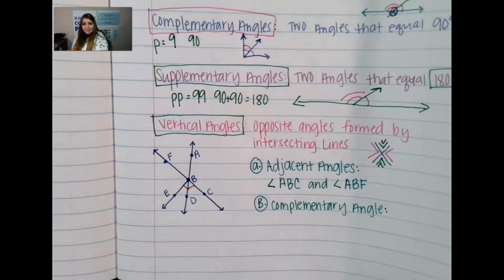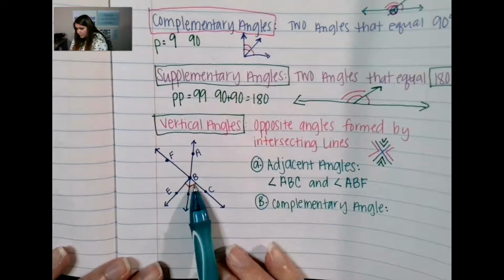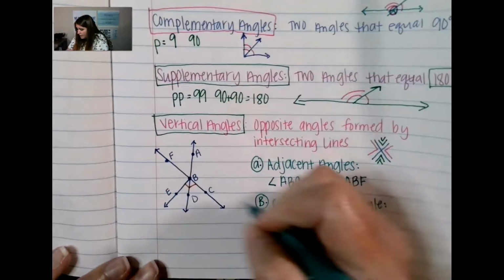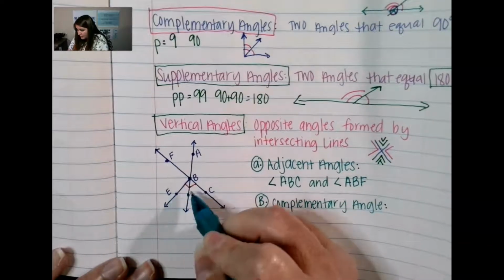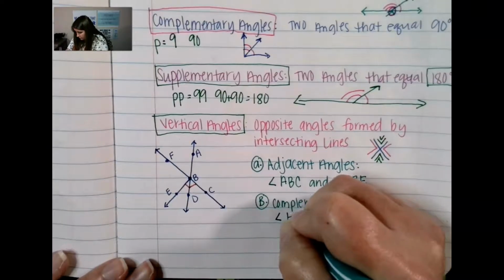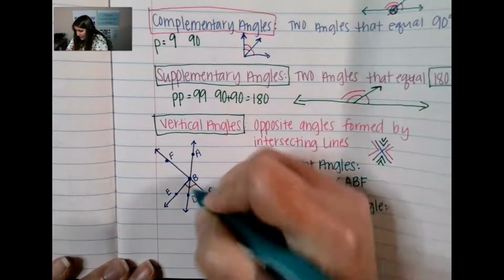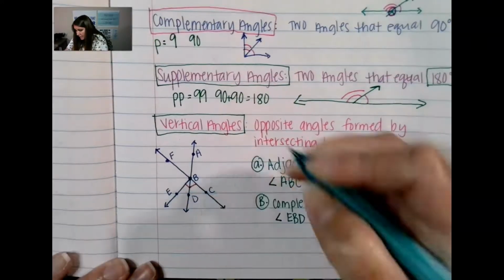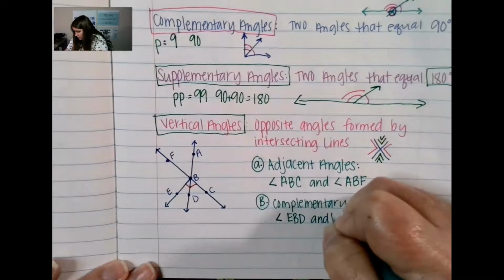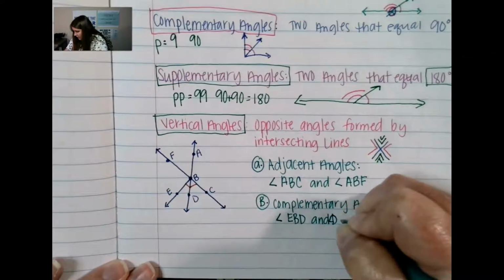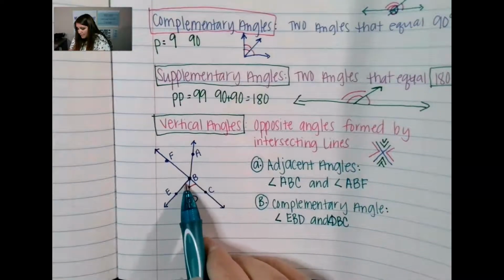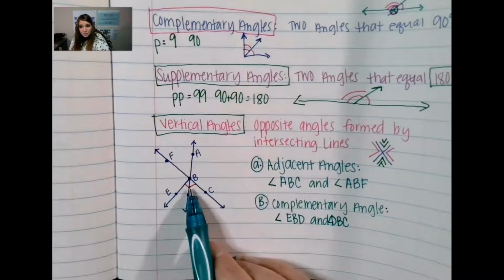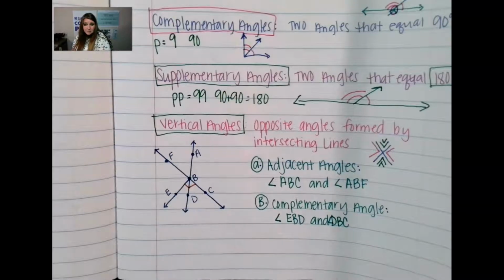So I look for a 90 degree angle right here, and I'm going to write that it's angles EBD and angle DBC. Sorry, I forgot the angle sign. When I add this side and this side, they both equal 90. It's the sum. I have to add those two sides up to get to 90.